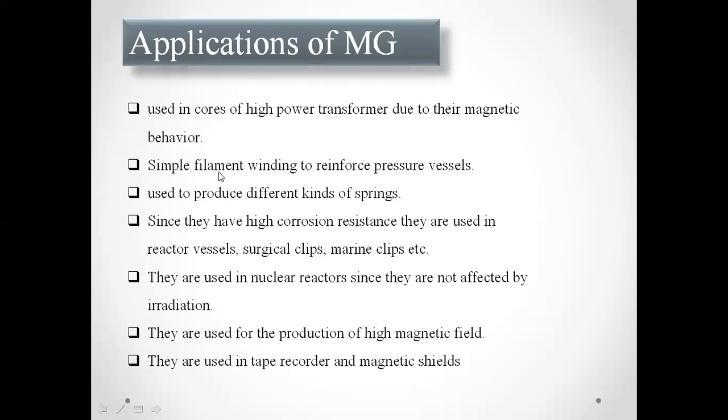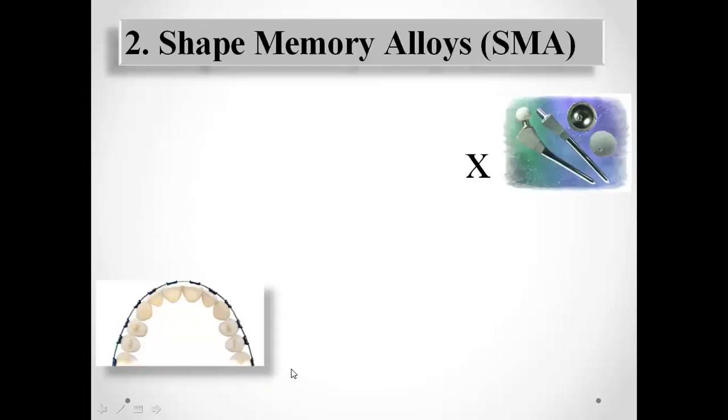They can be used as filament winding to reinforce pressure vessels, to produce different kinds of springs by which you can avoid corrosion. And you can use them in nuclear reactors, again to avoid corrosion by radiation effect, and they can be used to produce high magnetic fields, and they can be used in tape recorders and magnetic shields also.